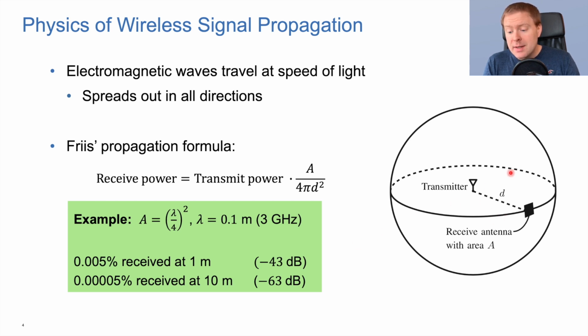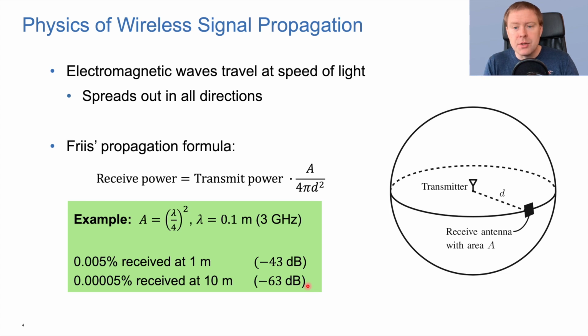And if we increase the distance by a factor 10 to 10 meters, we are losing another 100 times of energy. So 0.00005% of the transmitted energy is received, which is minus 63 decibels. So if we take the transmit power and divide it up into 2 million pieces, we are then only receiving one of them.